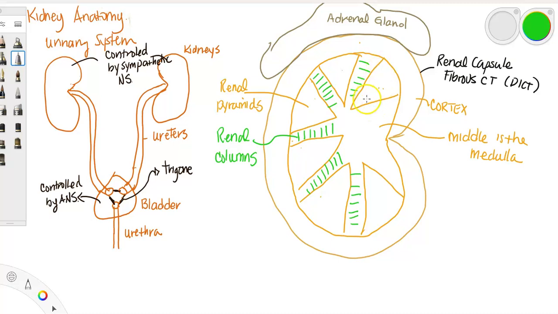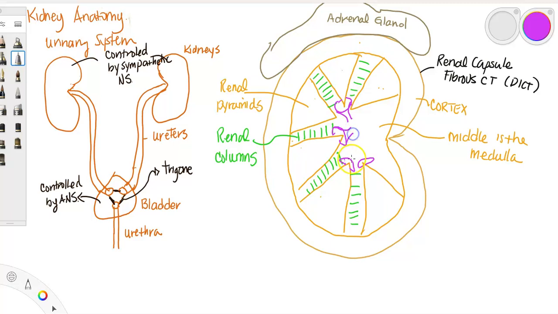Now, at the bottom of these little pyramids are what look like little cups. They kind of go like that.